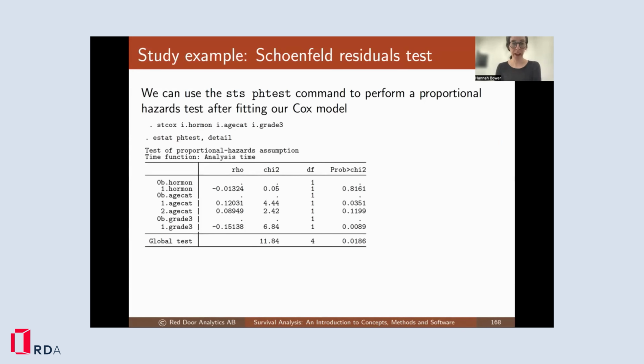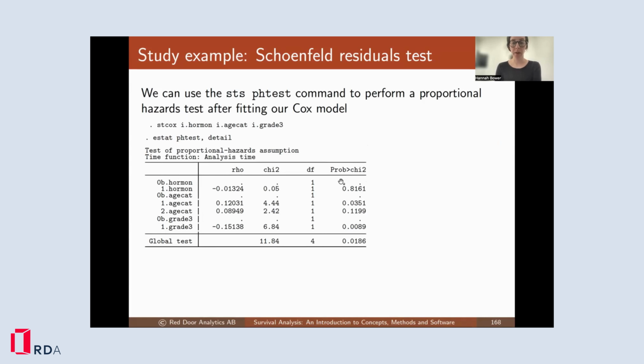And this is the output that we get. We can see now that we have hormonal therapy, age category, and grade included in here. We also have a global test, so we have probability compared to a chi-square distribution, giving us a p-value for each of these.